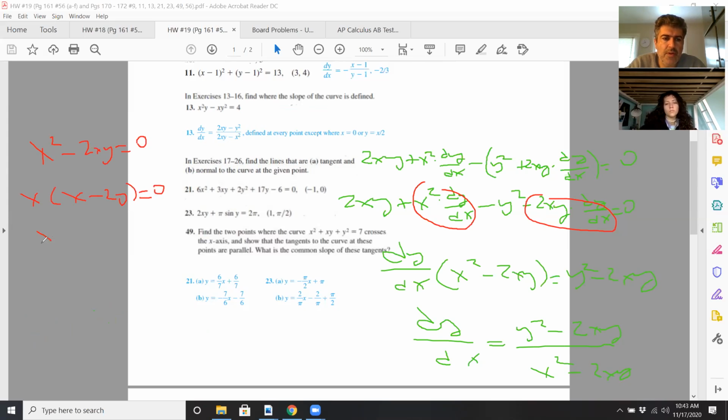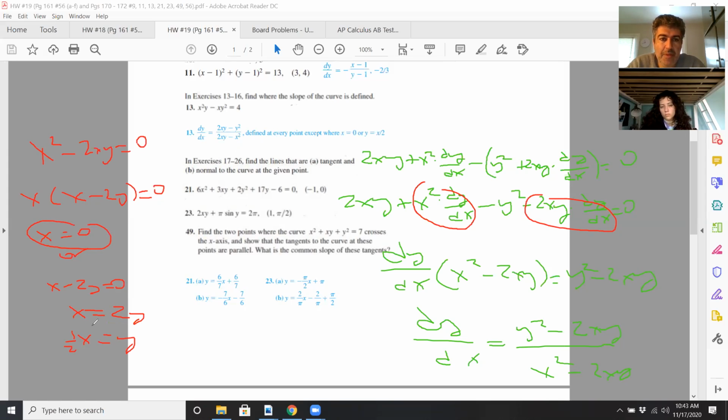So of course x equals 0, or x minus 2y equals 0, meaning that x equals 2y, or y equals half x. Definitely, for sure, it's undefined that we saw there was a vertical asymptote or discontinuity. This would also be a problem too.